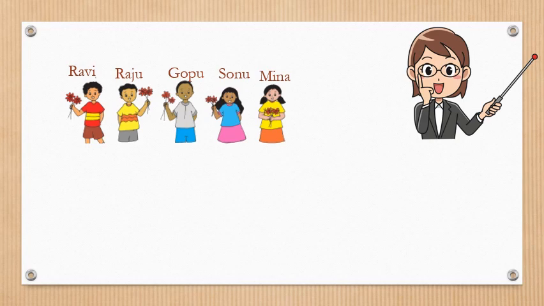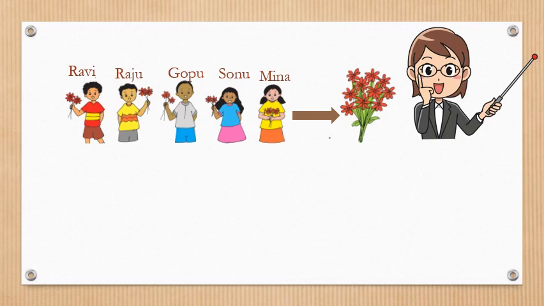Now Ravi, Raju, Gopu, Sonu and Meena, all together, how many flowers they brought we will see. Now Gopu is going to collect all the flowers and make a bouquet to give to the teacher. Yes, we will see how many flowers are there in that bouquet.